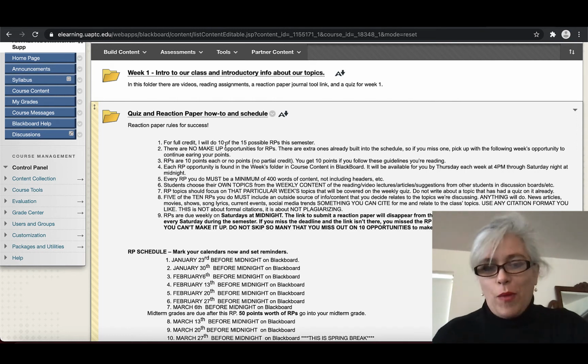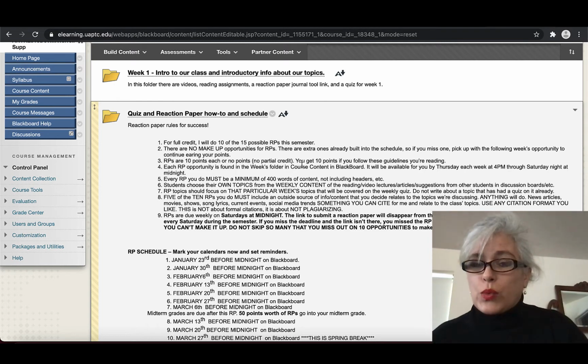Okay, so let's talk about what all this is. There's no partial credit. You either follow these rules and get 10 points, or you don't follow these rules and you get no points. And so whether you skip an opportunity or whether you fall short of following these rules and don't get credit for whatever you've submitted, I will explain it fully with feedback to you.